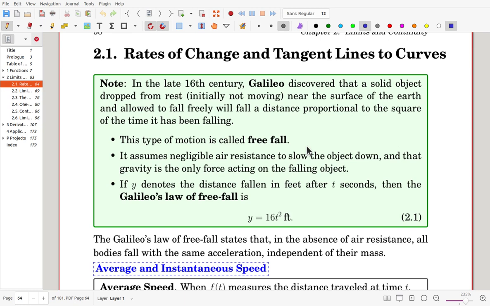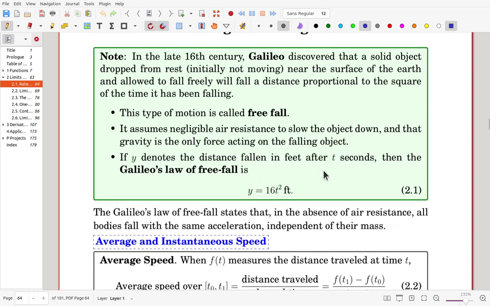Once an object is dropped and allowed to fall freely, then the fallen distance is proportional to the square of the time. Such motion is called a free fall, and the formula is given in this way. The distance fallen is 16t squared in feet.